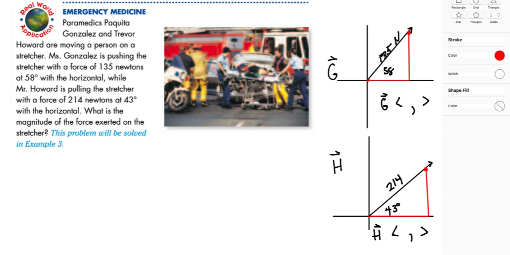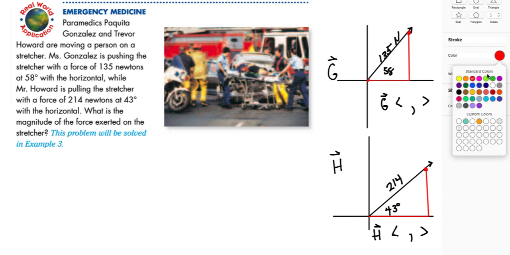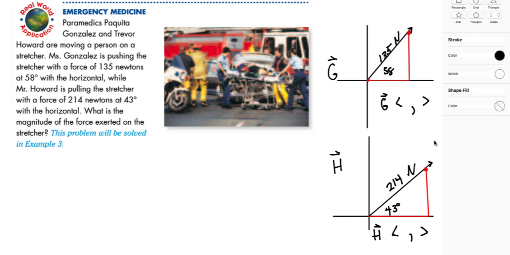Y'all with me? I hope so. We can talk about it later if it's really kind of confusing. Okay, so we know that's newtons. So now how do we find this measure here? We would use sine to find this value here, the y value, and we would use cosine to find x. So let me write it in here for us to see.